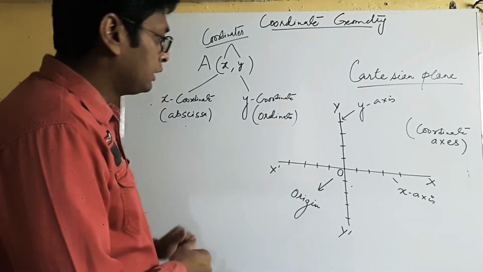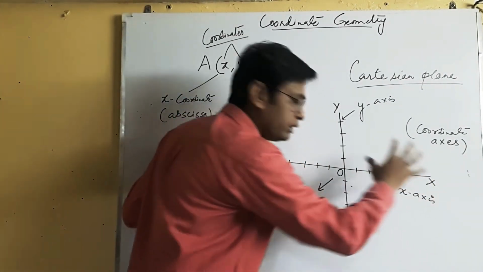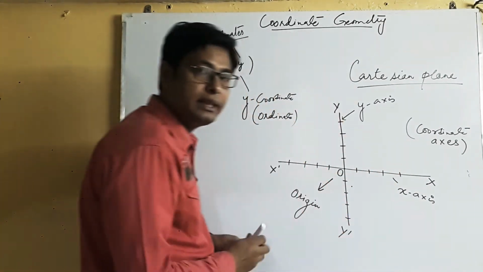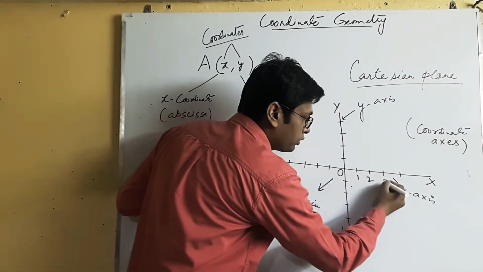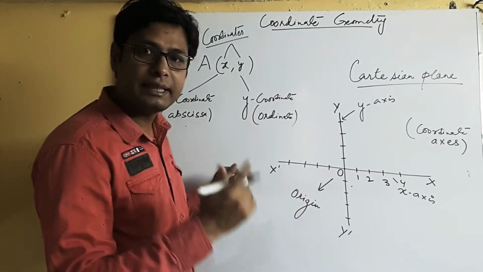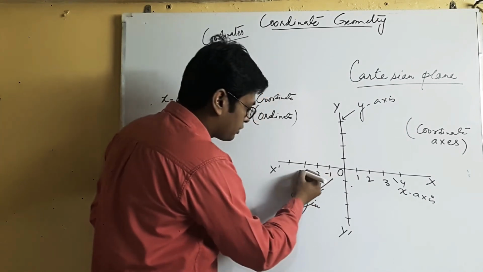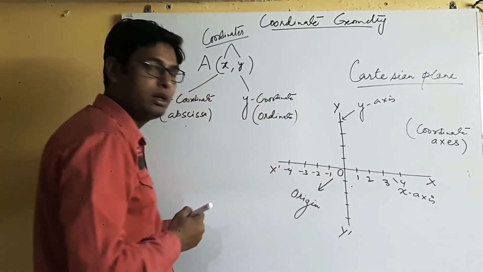Now, you all know that the right hand side of the x-axis is the positive one. You can see 1, 2, 3, 4, and the left hand side of the x-axis is the negative ones: minus 1, minus 2, minus 3, minus 4.